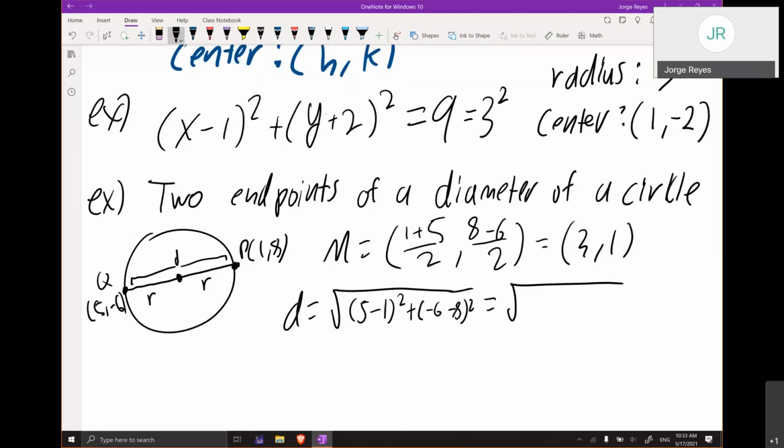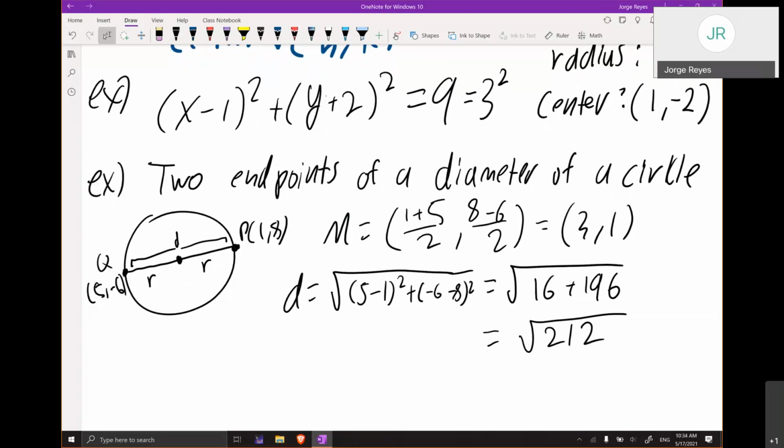This gets you 16 plus a big number: -6 minus 8 is -14, squared is 196, which gives 212.